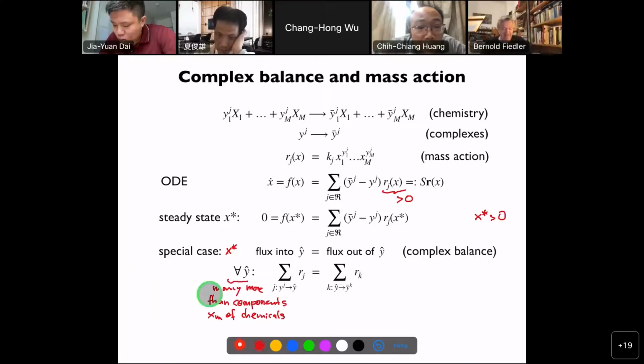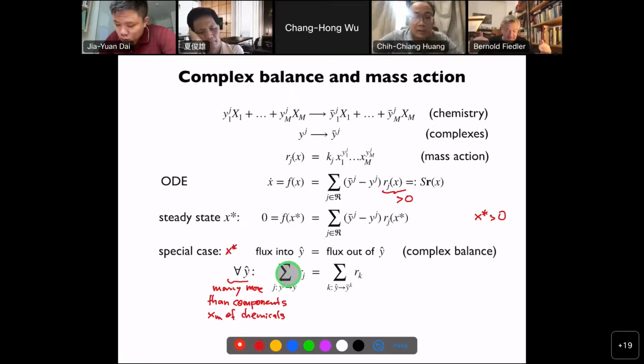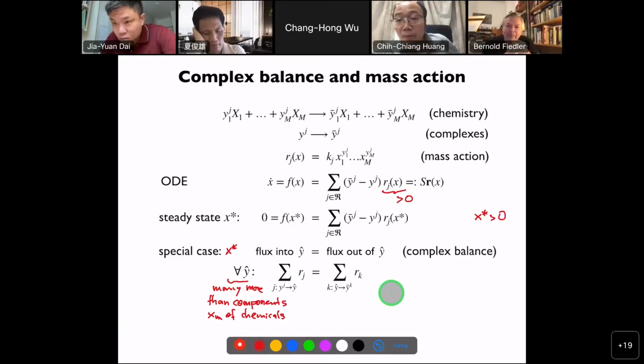But still, if at any node you have a Kirchhoff law, that means the number of real flux rates going into that node equals the number of fluxes coming out of the node. If this happens to be equal, you must be lucky.